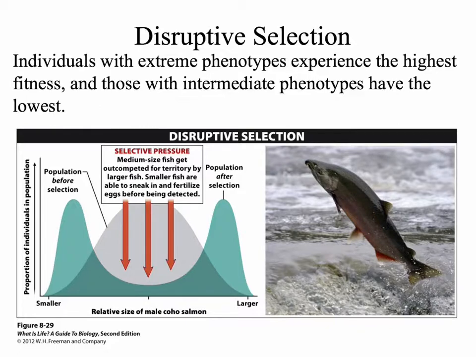They sneak into a nest and fertilize the eggs before the female realizes what's going on. So they also get to reproduce very often. So because of these two strategies, we see that smaller fish reproduce often and are fit in our population. Large fish are fit in the population and get to reproduce often. But middle-sized males do not get to reproduce, and therefore there's a decrease in that size of fish.